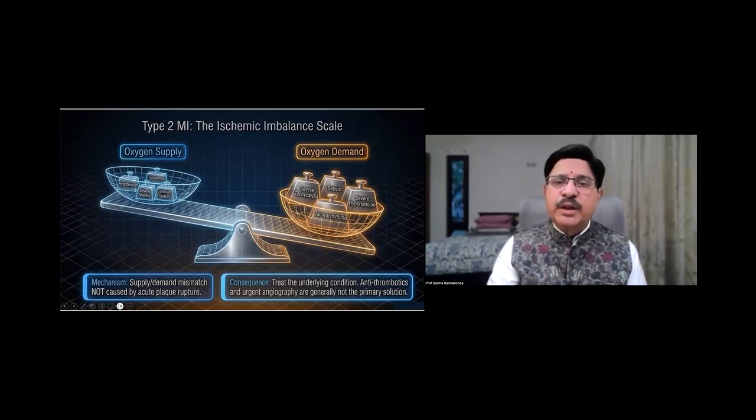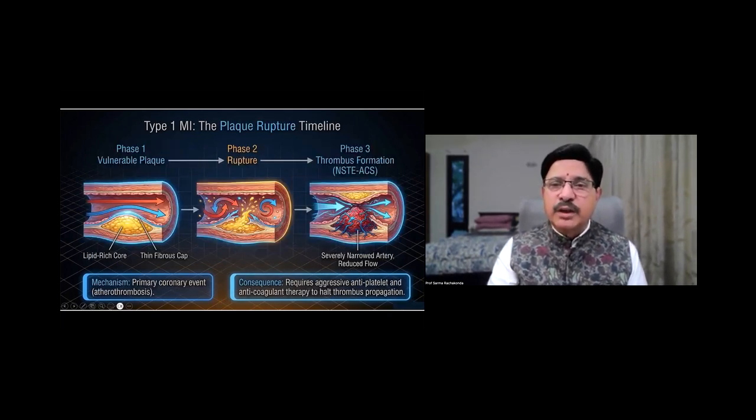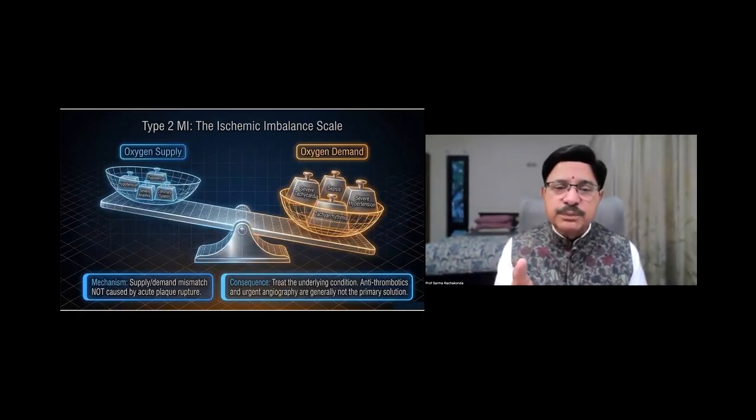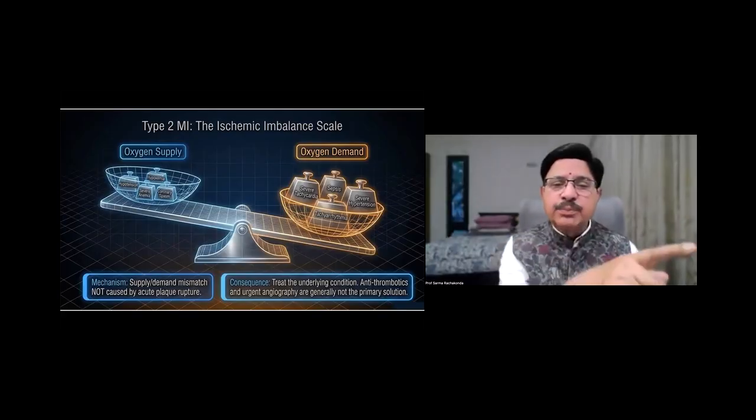There are several other conditions which increase cardiac muscle demand, and a supply-demand mismatch is there. An ischemic imbalance occurs, supply-demand mismatch, not the cause of acute plaque rupture as we have seen here. This is type 1 infarction. In type 2, there is no plaque rupture. You may have a non-vulnerable plaque, but plaque rupture is not the cause.